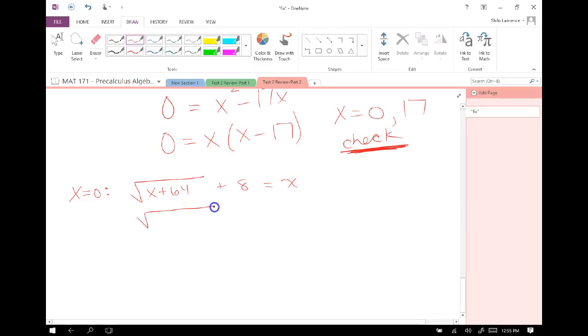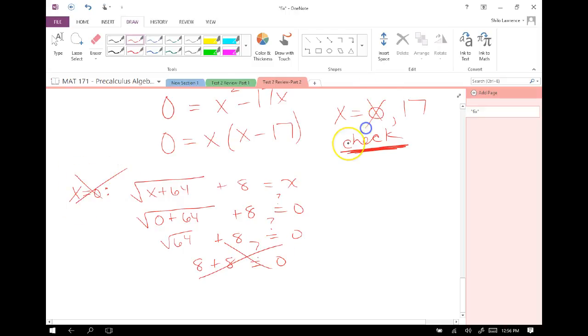So the square root of 0 plus 64 plus 8 equals 0. Well, 0 plus 64 is 64. Square root of 64 is 8. Is 8 plus 8 equal to 0? No, that is not true. We're throwing that answer away.